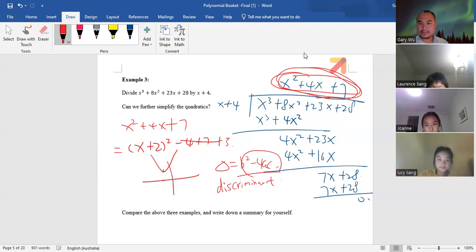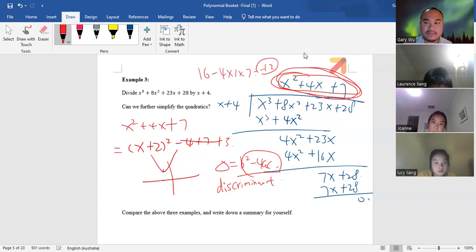It would be 16 minus 4 times 1 times 7, equal to negative 12. That's right. So negative 12 is less than 0. What does that imply? No solutions. So we can't factorize it. We only have 1 solution for the whole cubic here.